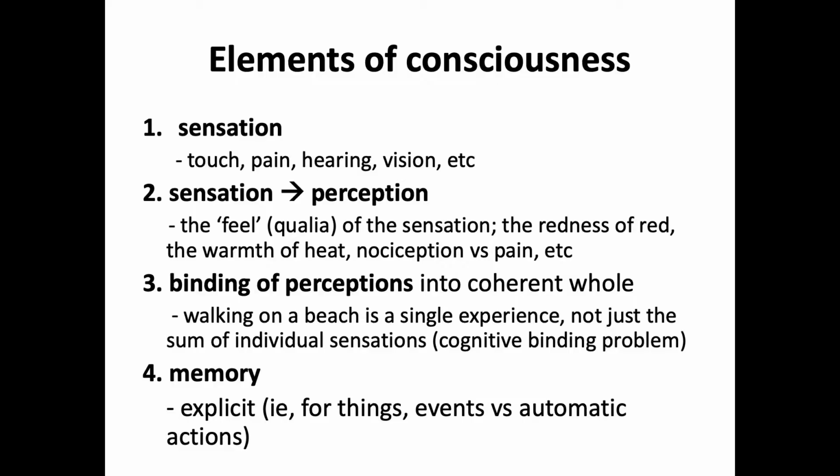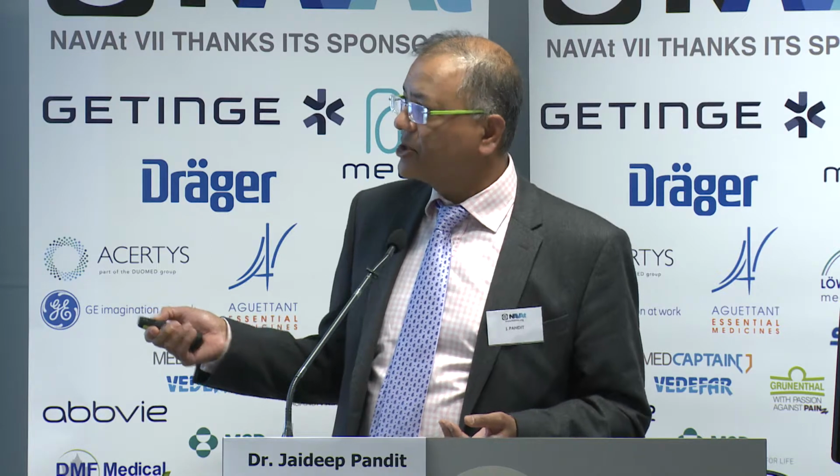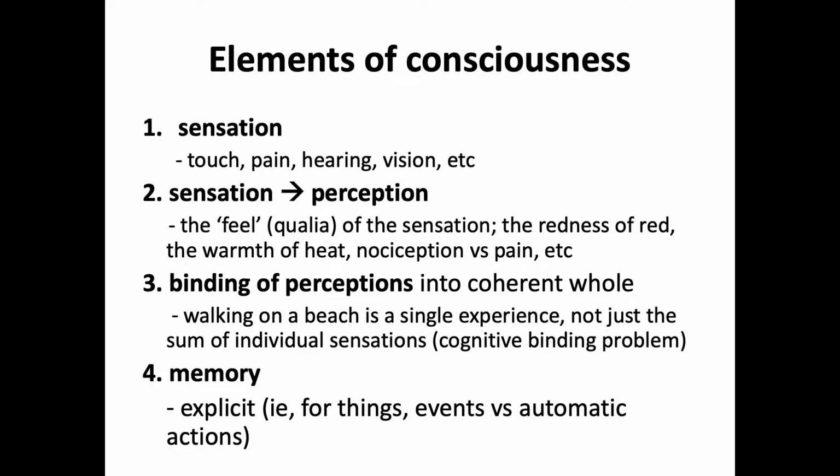So what do I mean by elements of consciousness? I mean things like sensation, touch, pain, hearing, vision. I also mean the sensory perceptual step, where perception is a sort of feel, or what philosophers call the qualia of the sensation, the redness of red, etc. We understand this readily, the difference between nociception and pain in anesthesia, that's perception and sensation, but also the binding of perceptions into a coherent whole, that when we have an experience, it's a single thing and not the sum of its various parts.